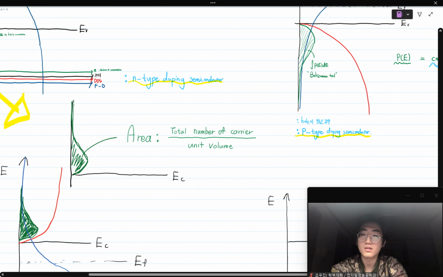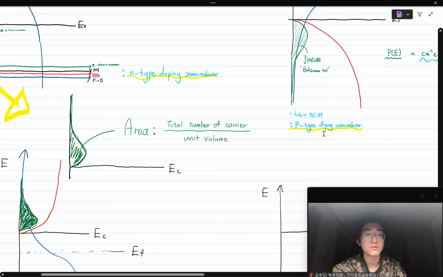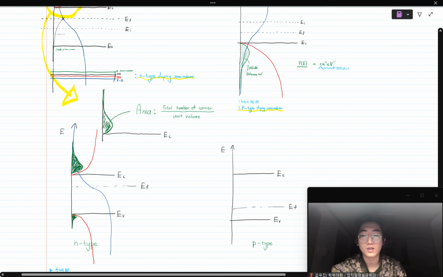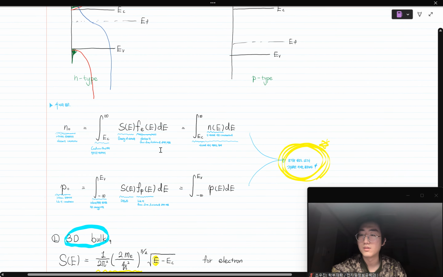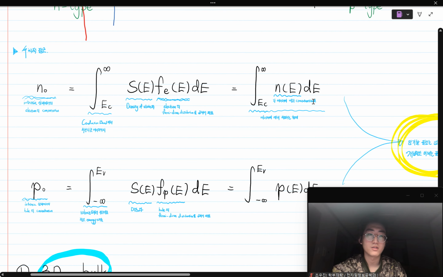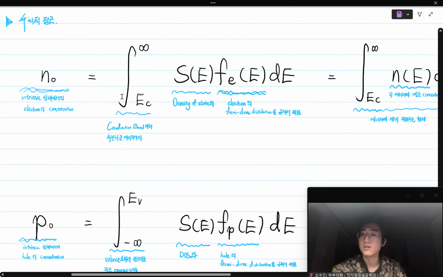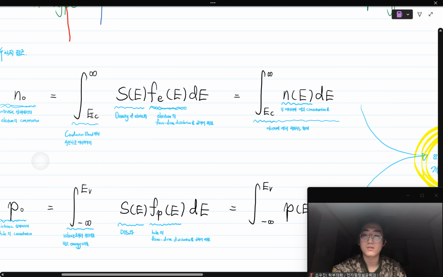This area means the total number of carriers per unit volume. So yes, we can think about this mathematically. This equation means that n0 is the concentration of electrons in the intrinsic situation.